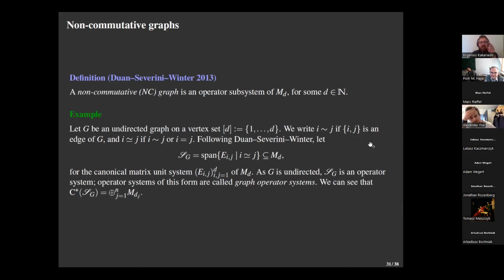In this case you have undirected, and therefore you also have the adjoint of any matrix unit, and by definition it becomes an operator system. More generally you can have the D by D matrices and take an operator subsystem of that. That's called an NC graph.